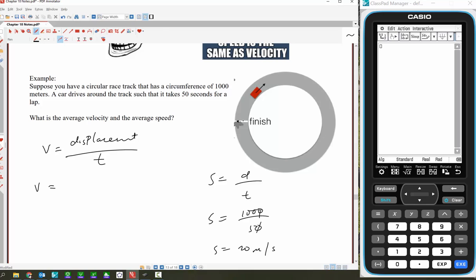So it does the full lap and finishes there, which means its displacement is 0. The time it took is 50 seconds, so velocity is 0 metres per second. Important to note here: its speed is 20 metres per second, but its velocity, its rate of change of displacement with respect to time, is 0.